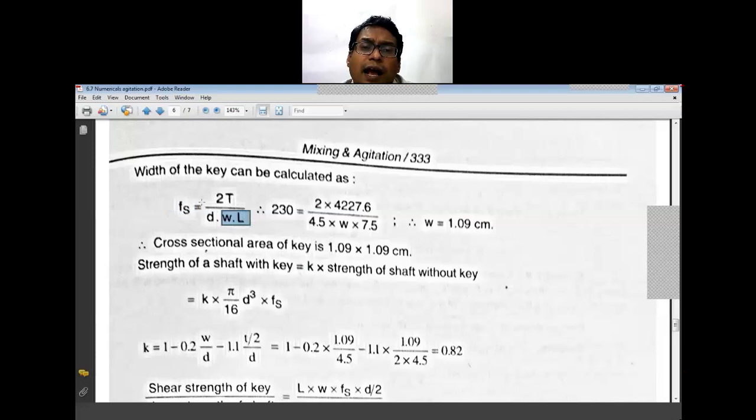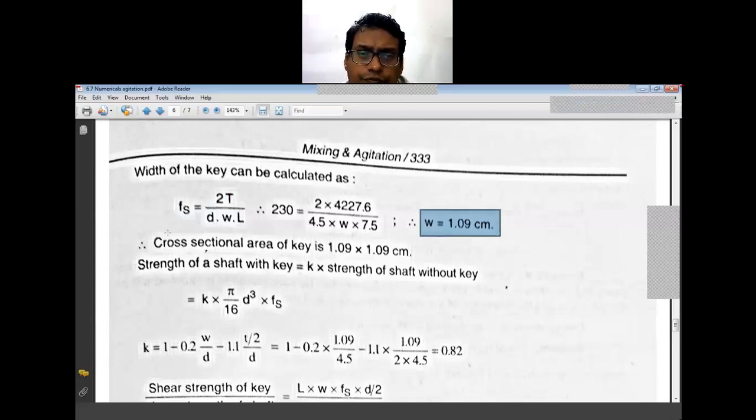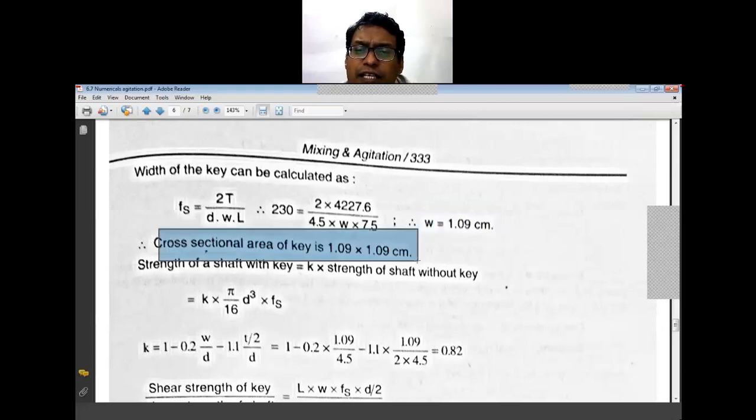This is equated with the torque exerted by the motor on the shaft. So here W comes as 1.09. Since it's a square cross-section key, that is 1.09 into 1.09 centimeter. So the length and the width are calculated.